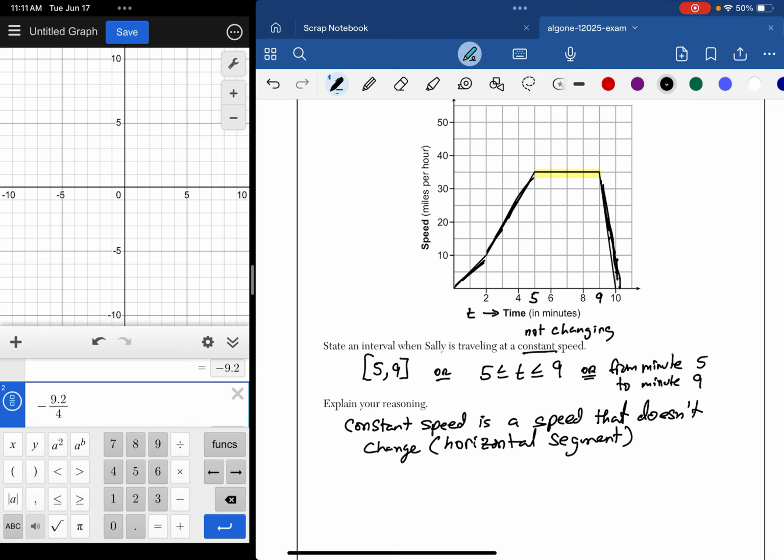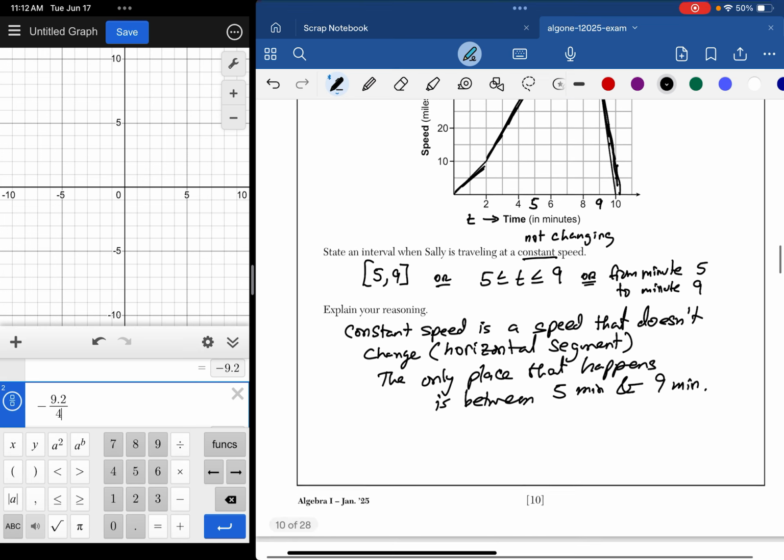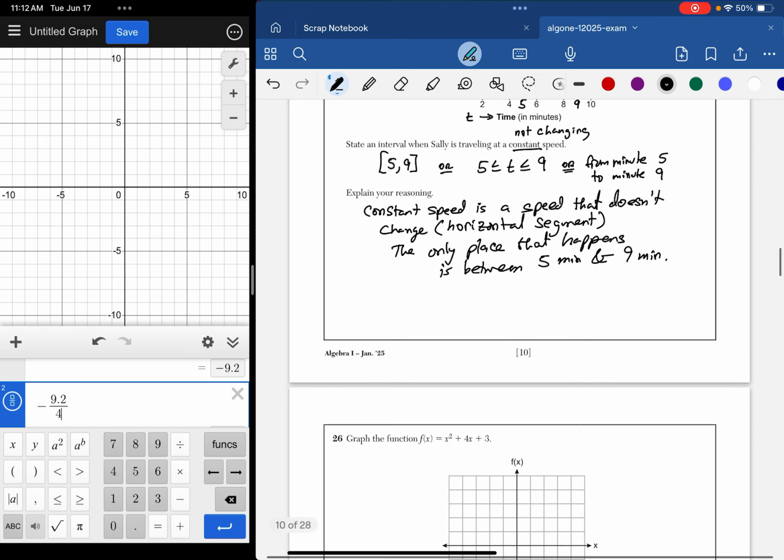The only place that happens is between 5 minutes and 9 minutes. Or words to that effect. They allow you to state it in a way that makes sense to you, as long as it's clear what you mean. All right, and correct also, but one thing at a time.